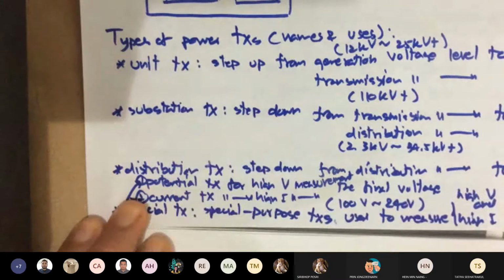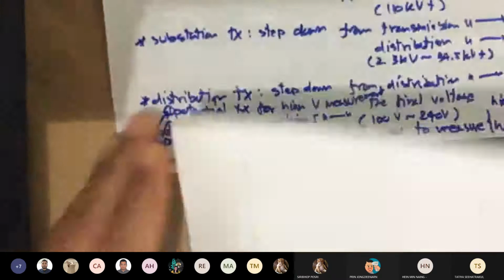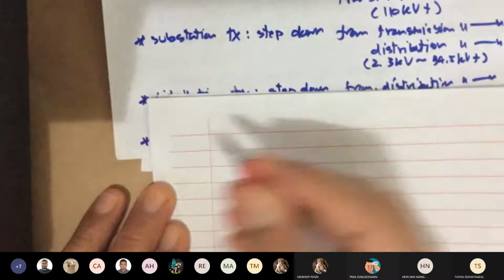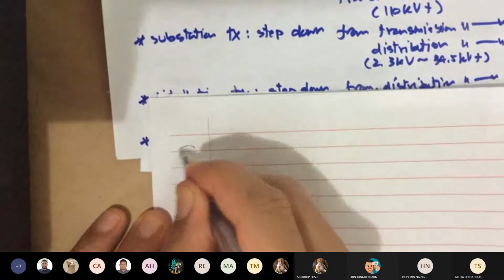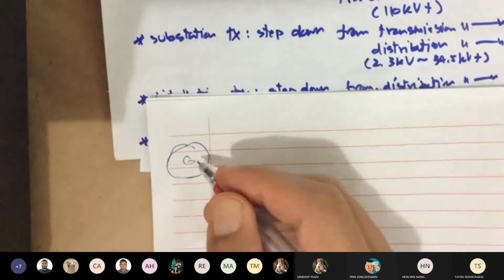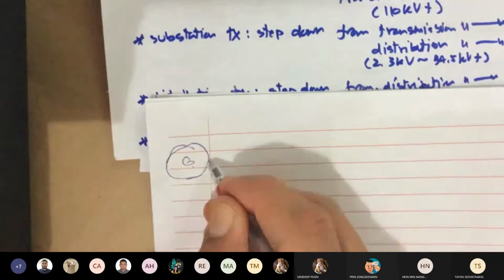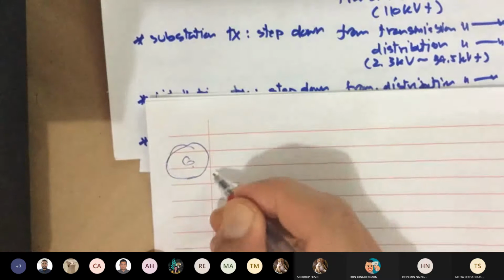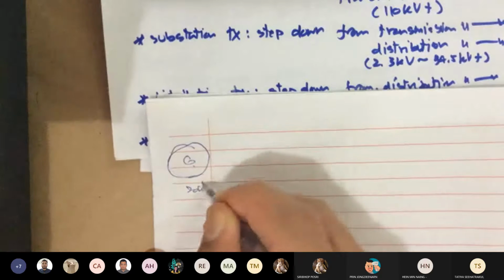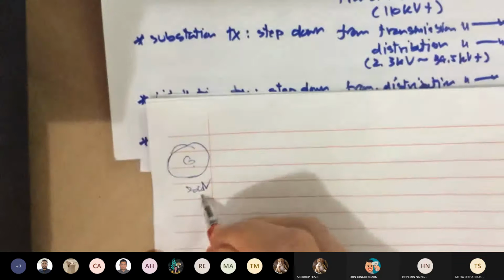So let me draw you what we call a one-line diagram of a power system. So I have a power plant. This is my generator, somewhere very far away from Bangkok. Let's say I generate, I don't know, 20 kV, very high voltage, but not high enough to transmit.